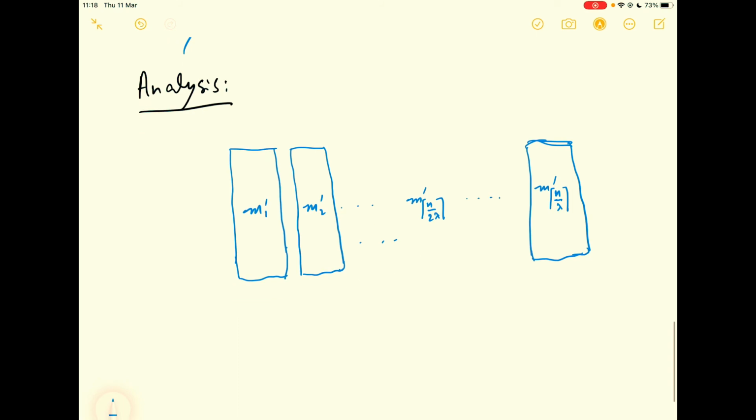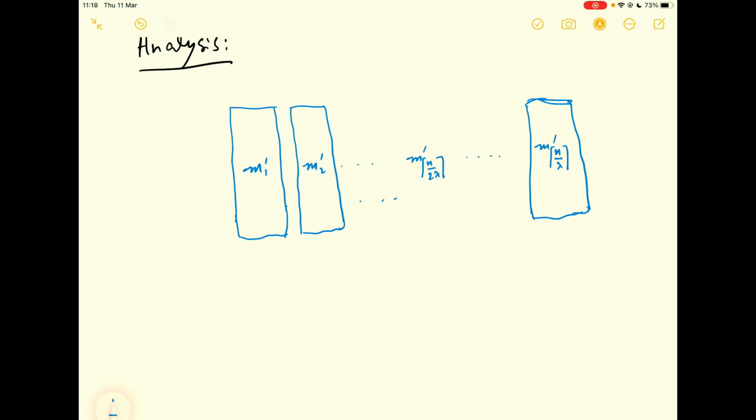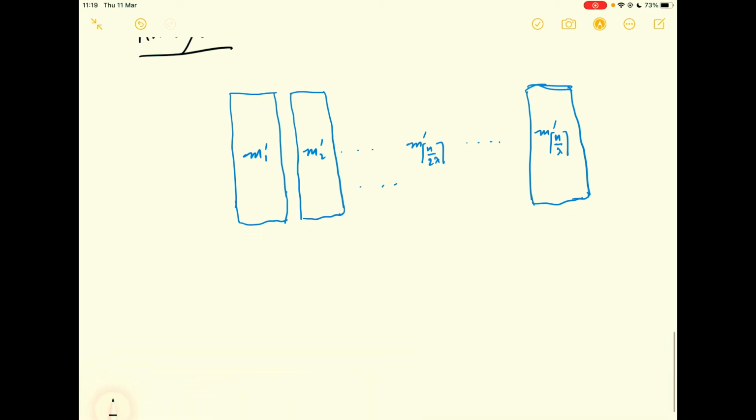Okay, now we will upper bound and lower bound the size of each part after the partition.